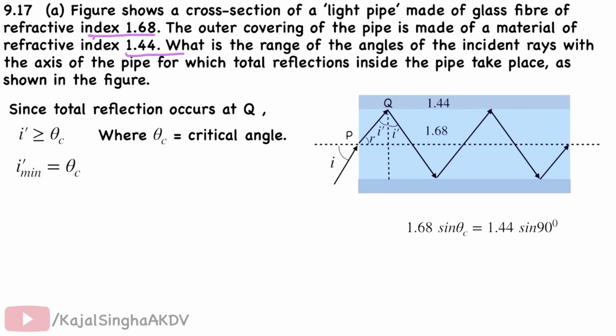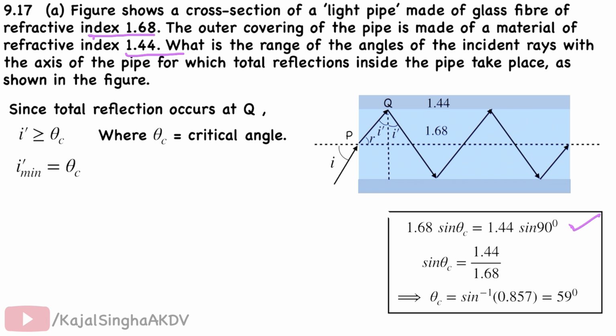When the light ray is incident at an angle theta c at point Q, the light ray goes along the surface of the two media. So the angle of refraction is 90 degree when the angle of incidence is equal to theta c, and applying Snell's law we get 1.68 sine theta c equals 1.44 sine 90 degree, or after calculating we get theta c approximately equal to 59 degree.